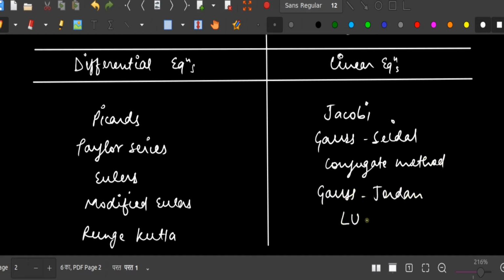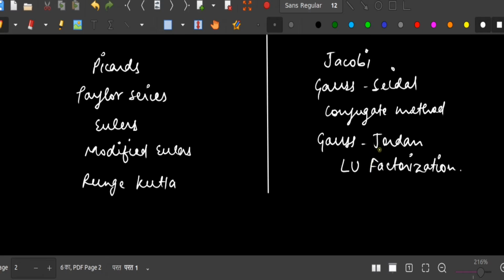Then LU factorization is there, and then there is another method called successive over relaxation or SOR. So these methods are used to solve linear equations numerically.